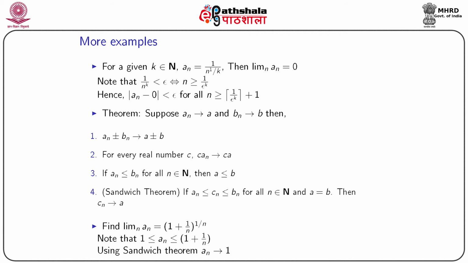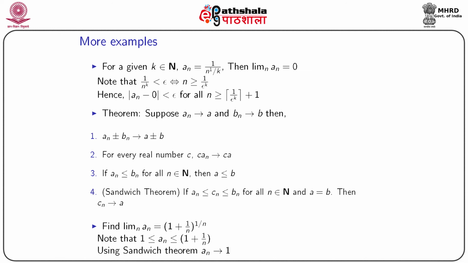So this will hold for all n greater than or equal to box of (1 over epsilon)^k plus 1. These examples show us how to find the value of N, the finite number N, after which the sequence will converge.